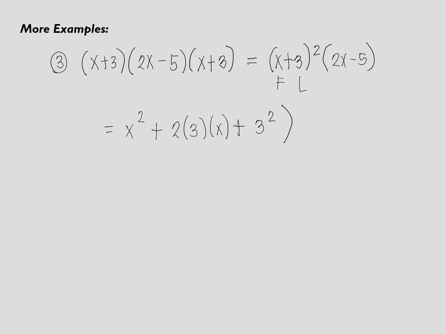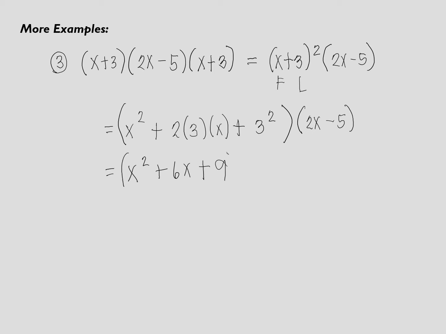Then we put it inside parentheses because we still have another binomial which we have to multiply our product with, 2x minus 5. We simplify this, so we have x squared plus 6x plus 9.